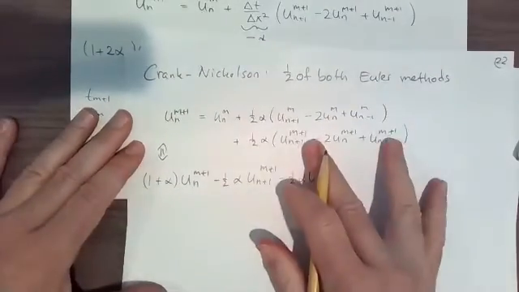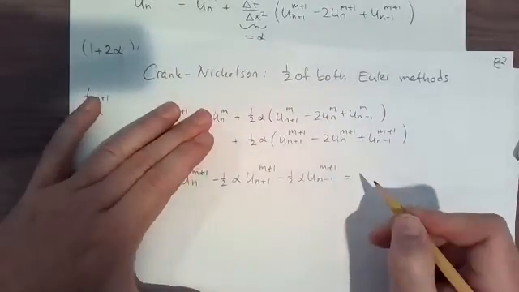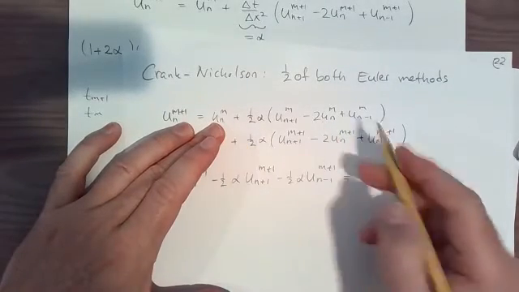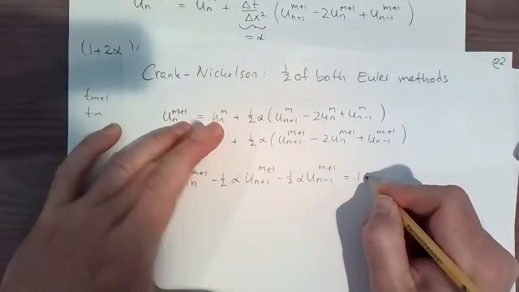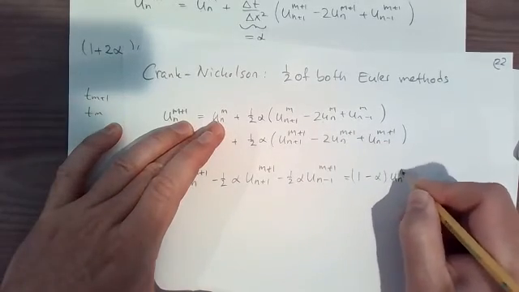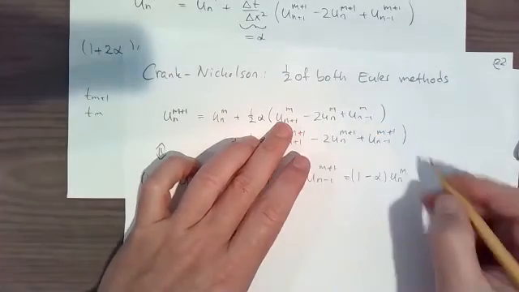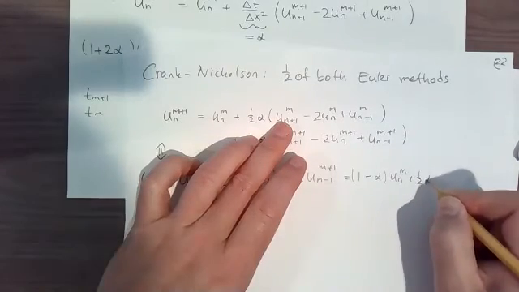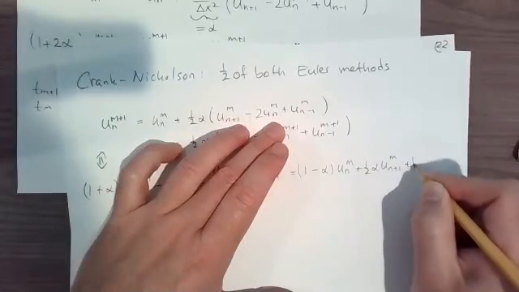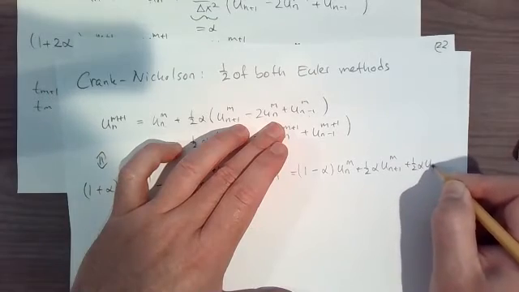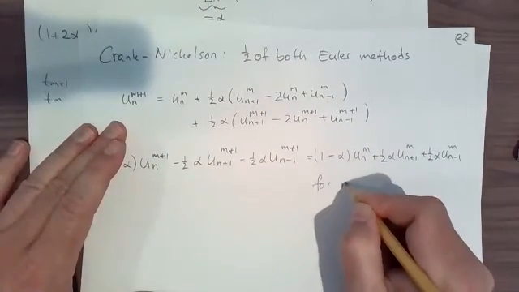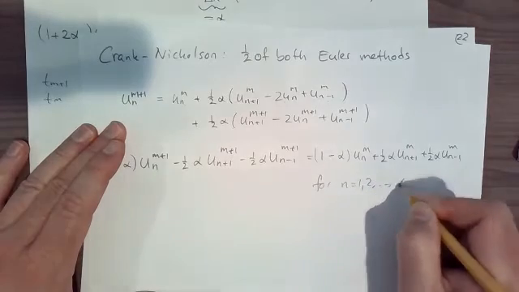So I'll move this to the other side, and then I'm left with 1 minus alpha, and then these two. And this is going to be true for n running from 1 up to n.